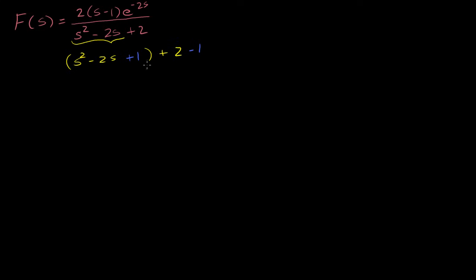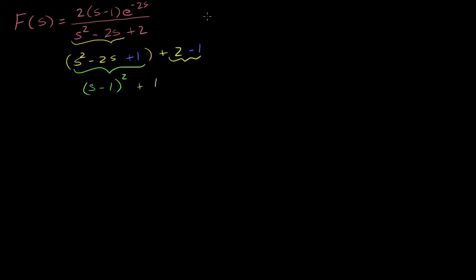But by doing this, I now can say that this thing is s minus 1 squared. And then this stuff out here is 2 minus 1, which is just plus 1.